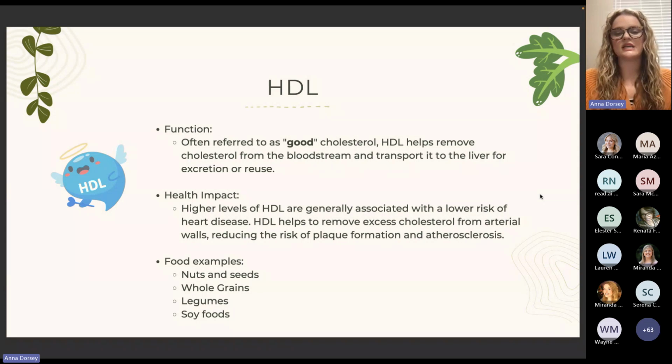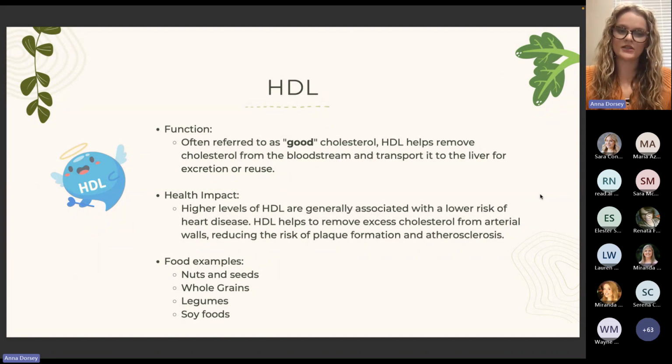The way this works is HDL, since it's removing cholesterol from the arterial walls, is going to help reduce the buildup of cholesterol, which then turns into plaque and atherosclerosis. That plaque formation, as blood flow occurs, can cause bursting and all sorts of things, which will cause strokes and heart disease, and we don't want that. So HDL really supports a healthy heart.